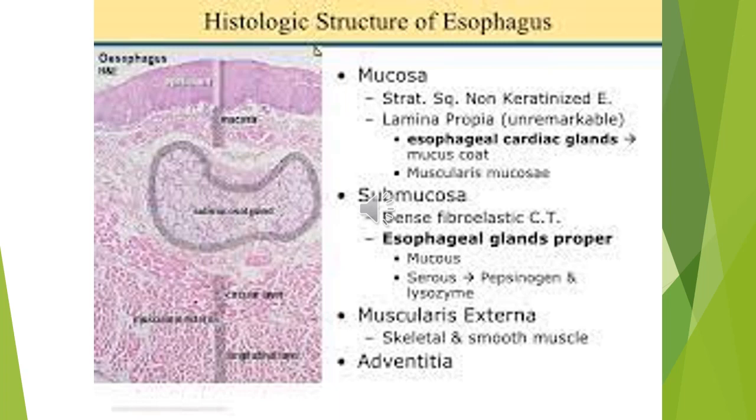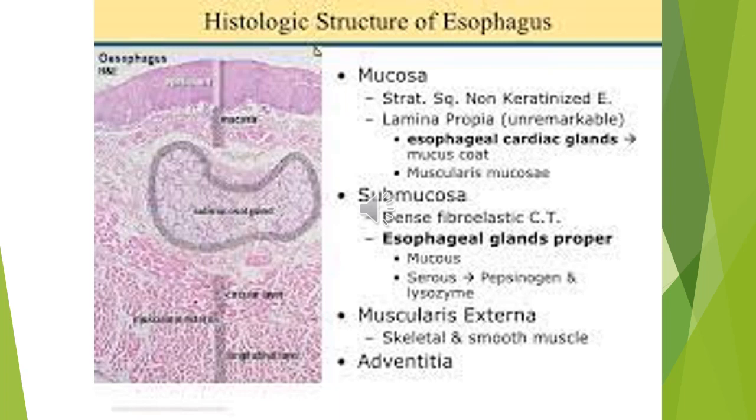Now in the esophagus, there are mucus secreting branched tubulo-acinar glands called esophageal glands proper. So in the submucosa of the esophagus, you will have to draw a few mucus secreting glands, and their name is esophageal glands proper.